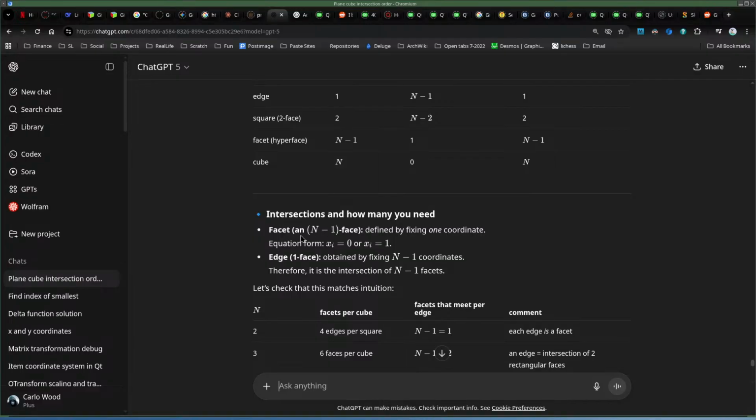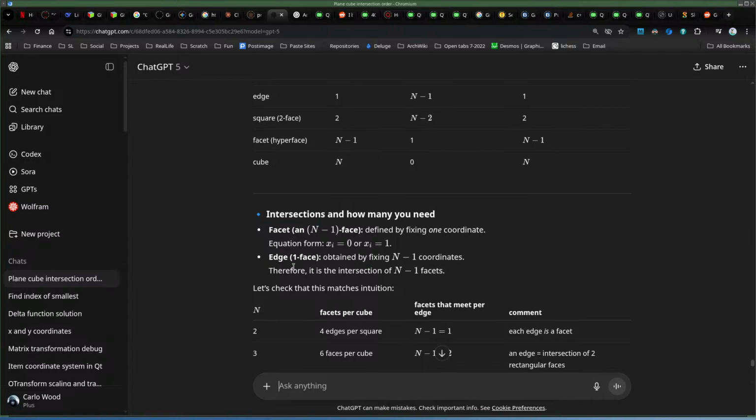Intersections, and how many you need? A facet, n minus 1 dash face, defined by fixing one coordinate. Equation form xi equals 0 or xi equals 1.